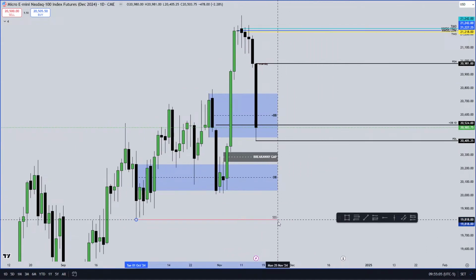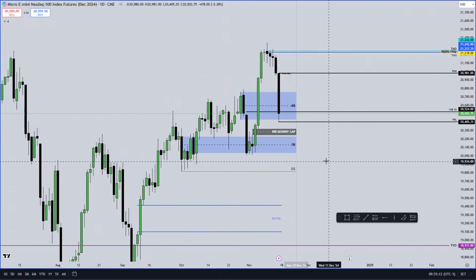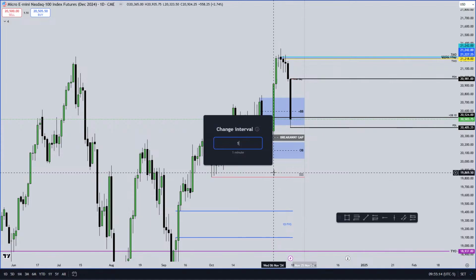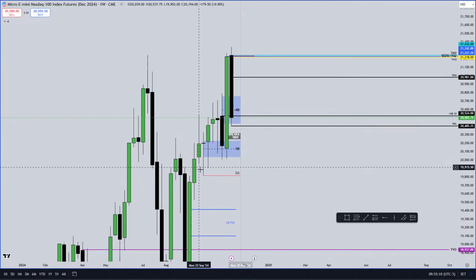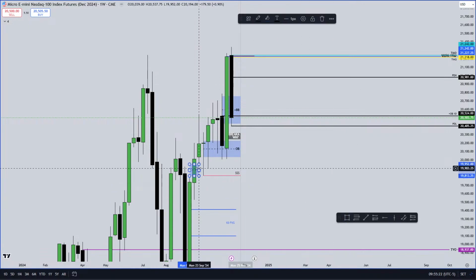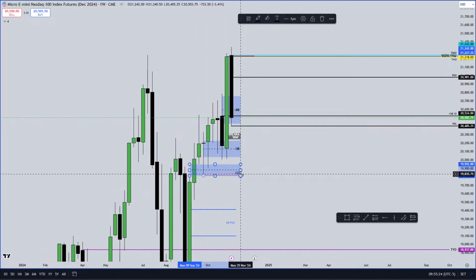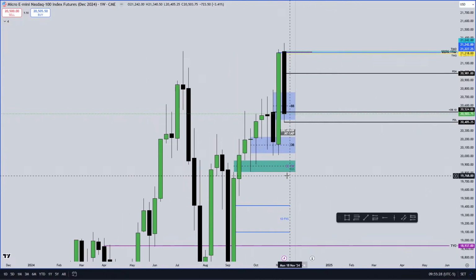Then we have the main liquidity point. I know this is something that looks more clean, but if you go to the weekly chart, you can see the wicks start from this point, this IFVG. I want to see the price reject.